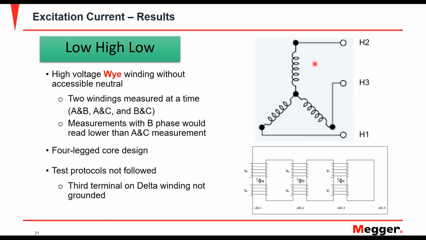Considering you had the B phase involved in two results, you will establish the low-high-low pattern. This kind of pattern is seen in four-legged cores, and we will discuss later in the presentation that sometimes, if the correct test protocols are not followed, like for example not grounding the third terminal on a delta, you would see the low-high-low pattern.